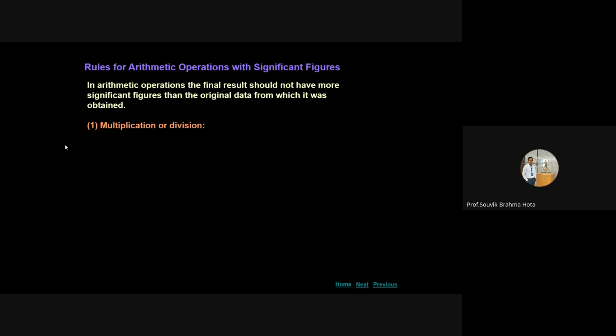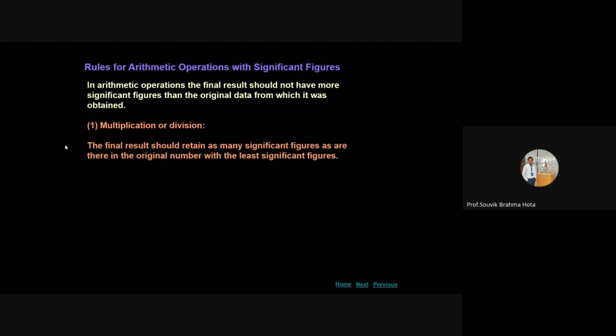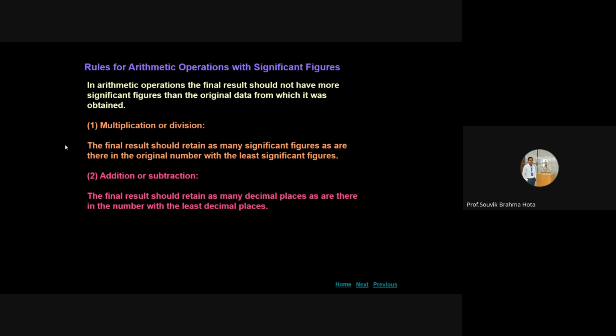For multiplication or division, the final result should retain as many significant figures as are there in the original number with the least significant figures. For addition or subtraction, the final result should retain as many decimal places as there are in the number with the least decimal places.